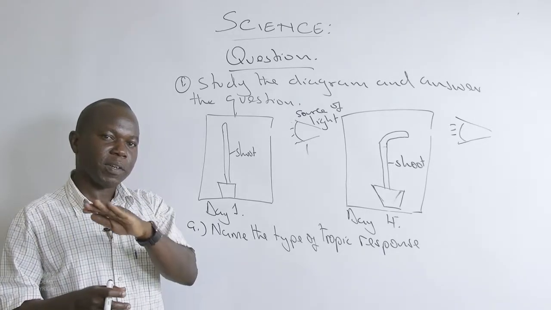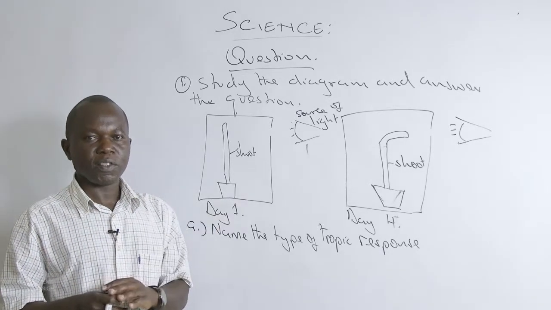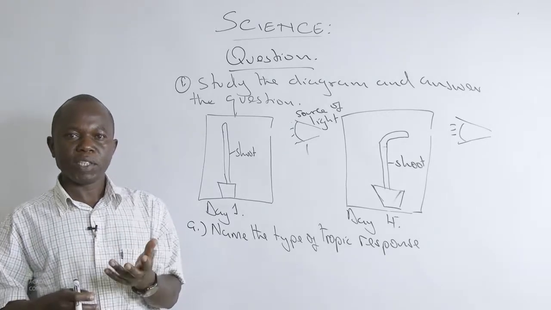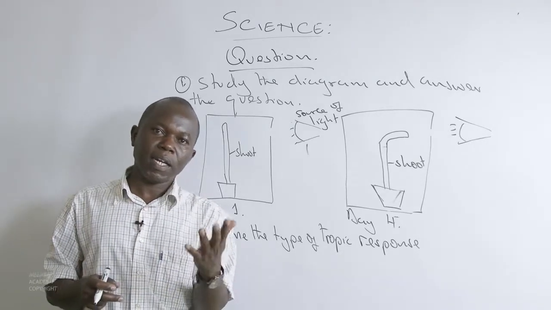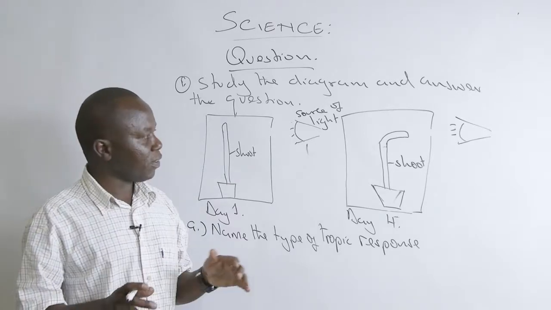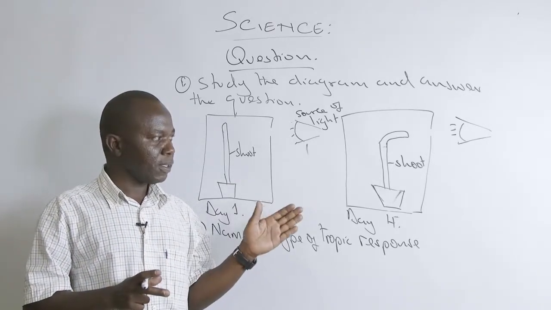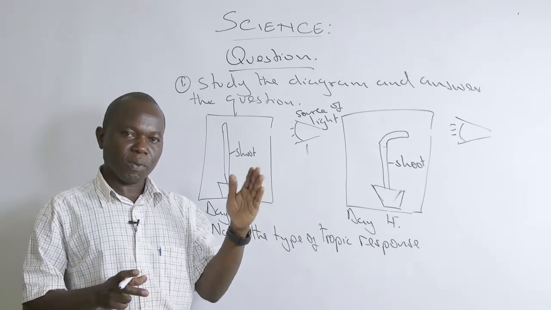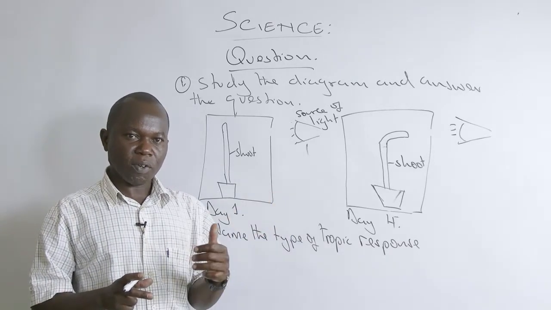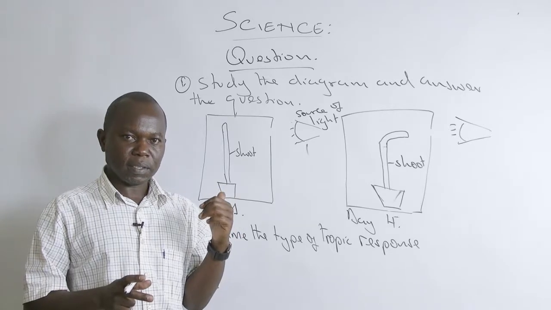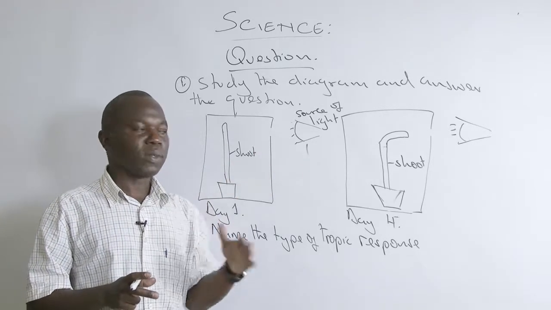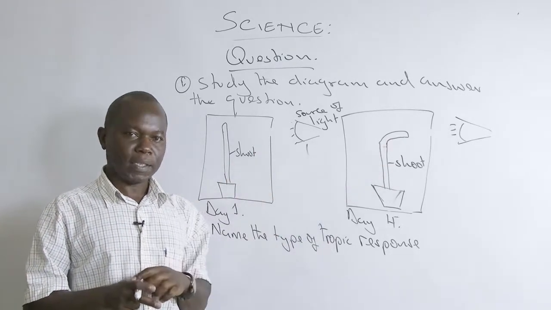But we said that we have two categories of tropism depending on the stimulus, either negative or positive. So my question is, is this plant moving or growing towards light or away from light? We can see that it's growing towards light.